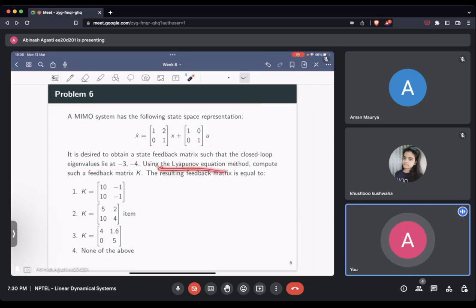Now we use the Lyapunov equation method to compute a feedback matrix K. Remember that this matrix was the solution we got using the cyclic design method in the second question. But now we'll do the Lyapunov design method. So can someone tell me the steps?